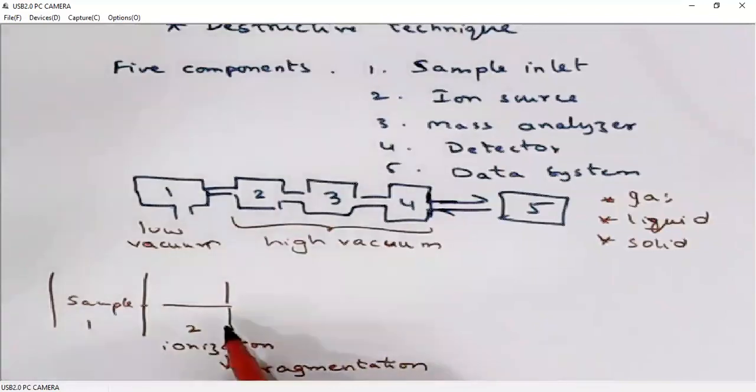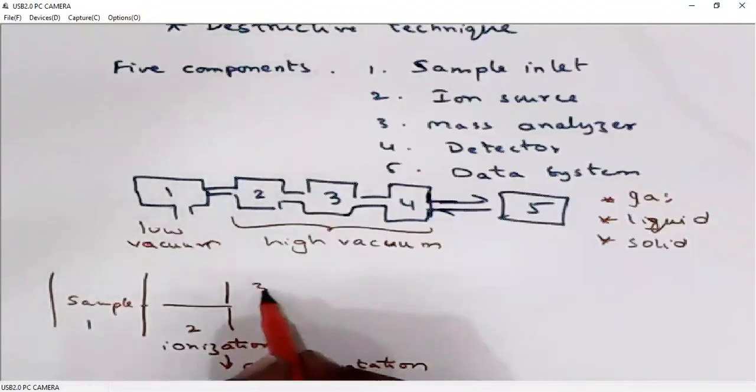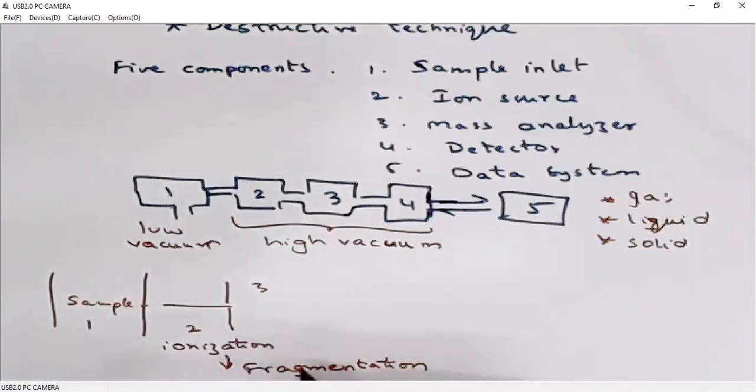So in the ion source, the given sample will be ionized. Subsequently, it will undergo fragmentation. Then in the third part, what will happen? These generated ions or fragments will be separated according to their mass to charge ratio, m by z values.